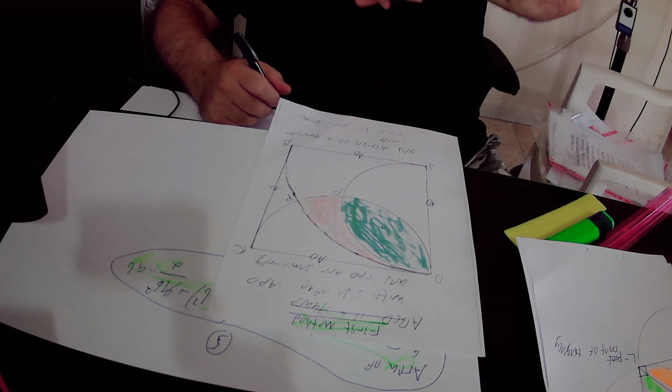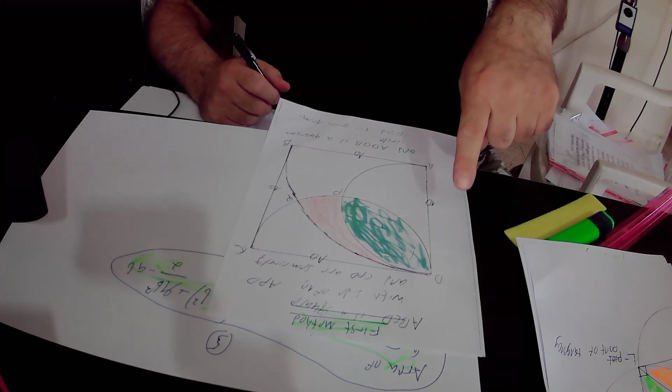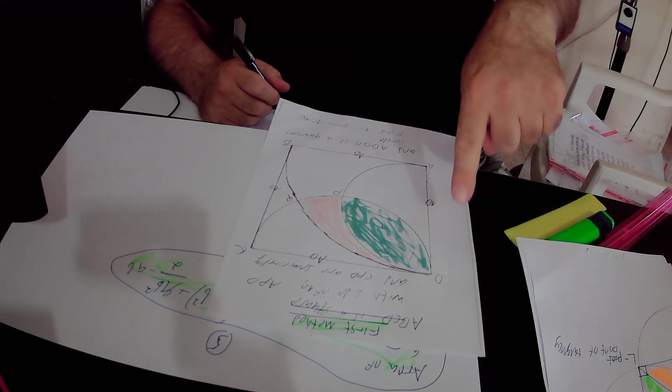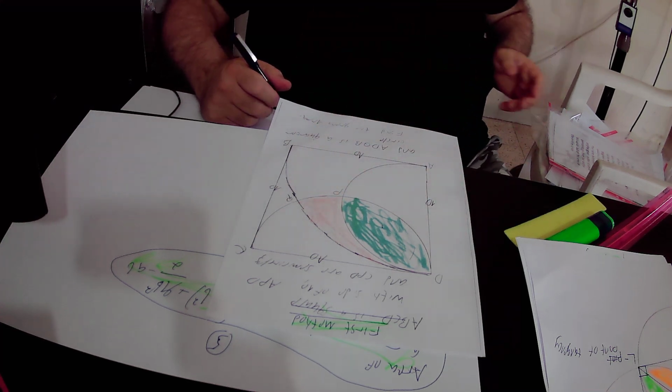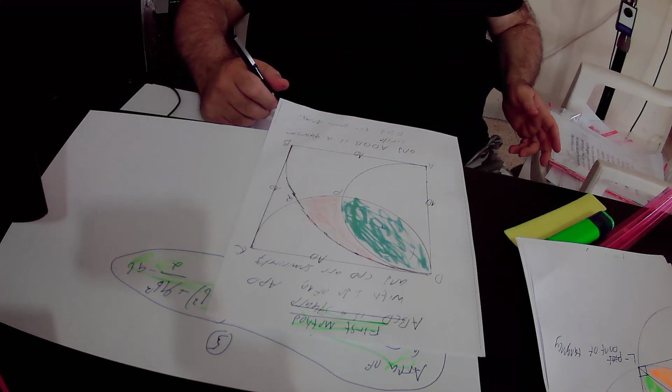The big lens is created by the intersection of the quarter circle with this semicircle. Therefore, we have to find the radius of the quarter circle and also the radius of the semicircle.